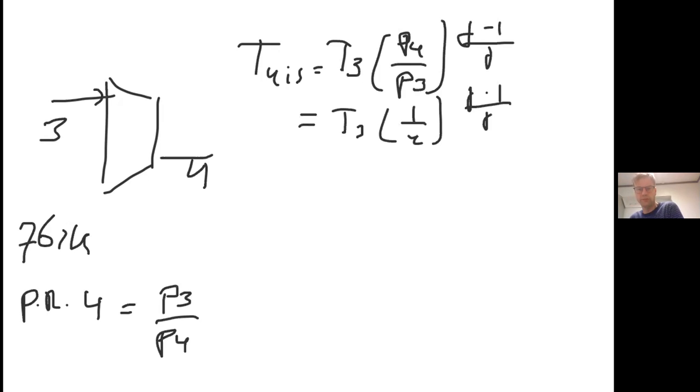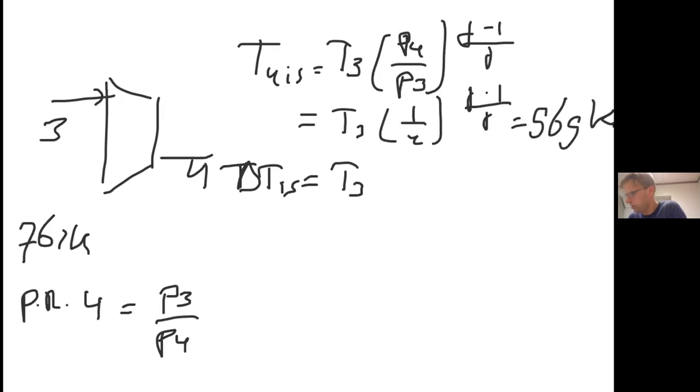That will be 569 Kelvin. So delta T isentropic is T3 minus T4 isentropic, which is 282.8 Kelvin.